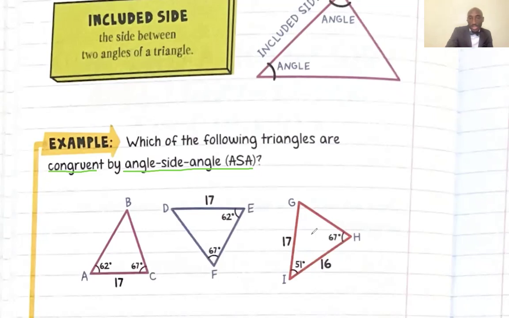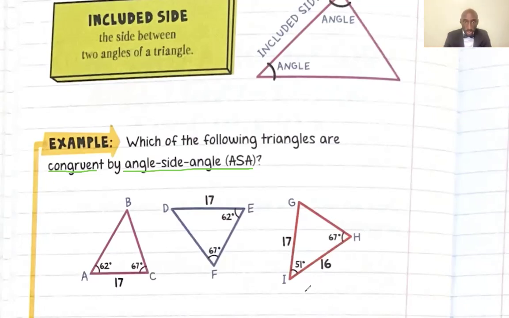And then in triangle GHI, we have angle G is 50, angle I is 51, the side IH is 16, and angle H is 67. So now, which one is congruent?